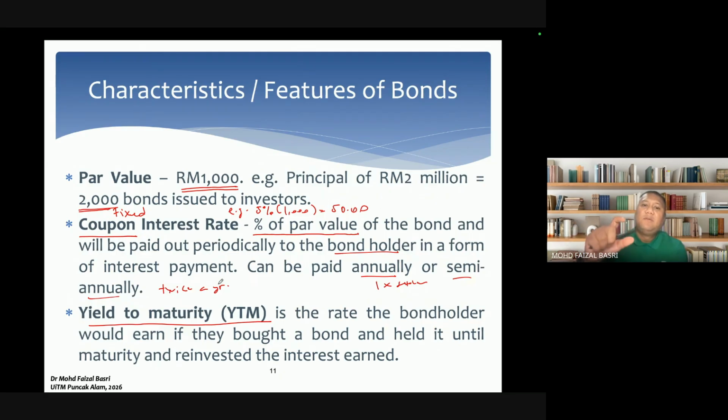So kalau YTM ni adalah the rate of return untuk investor, we can use that as a cost untuk the other party juga, which is the issuer lah. So that's why kejap lagi bila kita calculate the cost untuk bond ni, we can use the YTM ni as our benchmark. So kita calculate YTM dulu, and from there we can determine what will be the cost of the bonds untuk the issuer lah.